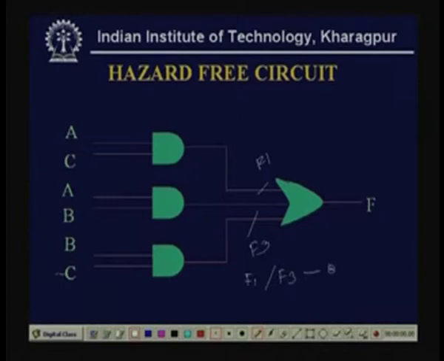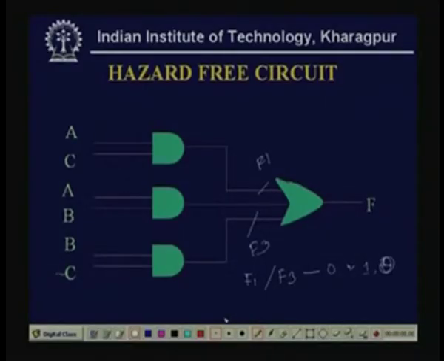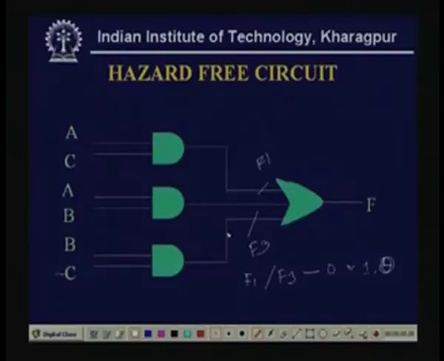Whether they are 0 or 1, I am treating it as a don't care, theta, which can be 0 or 1, anything. So, it only depends on AB. By including the implicant AB, I can easily remove the hazards. This is normally called the static hazard.